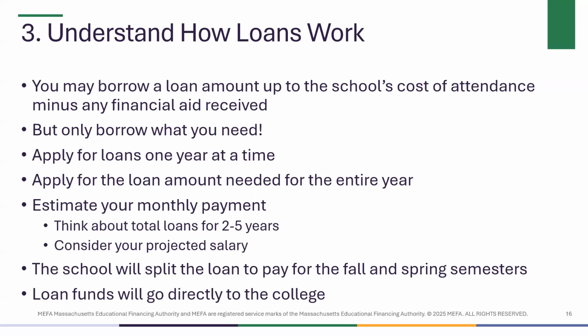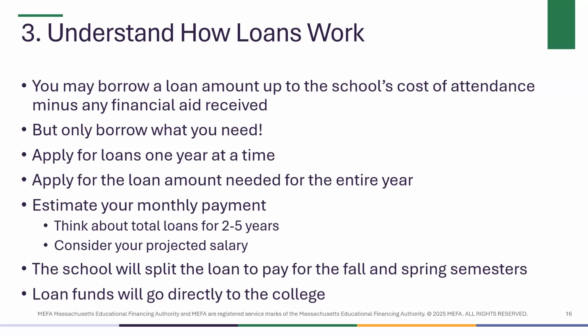So those are things that you want to project out and consider. And also consider the student's projected salary and whether they will be able to assist with family loans or co-signed loans after they get out of school. Remembering that they do have their federal direct student loans that they will be needing to pay back as well.